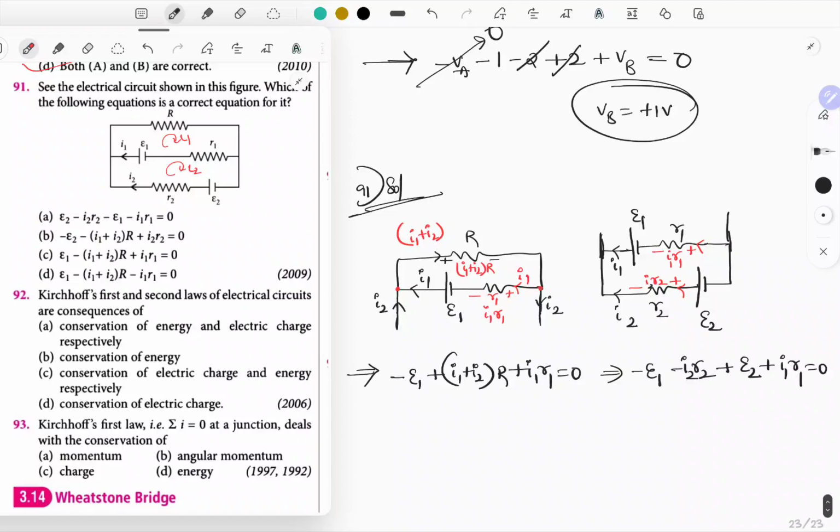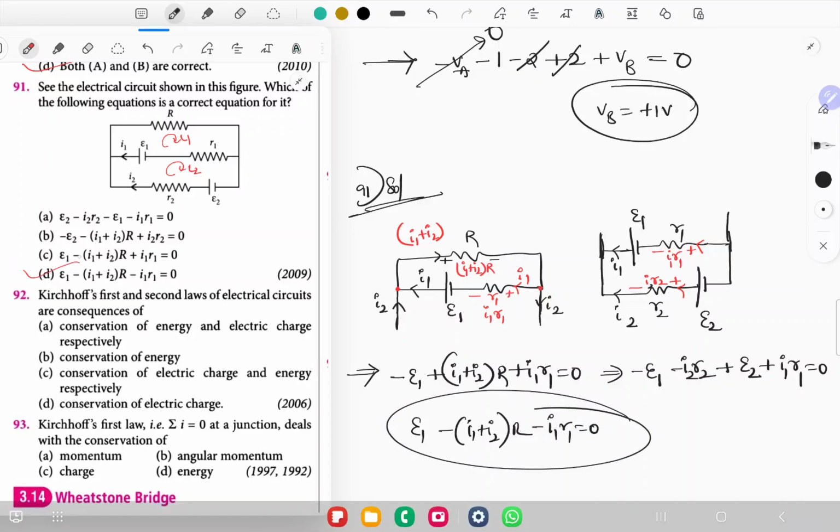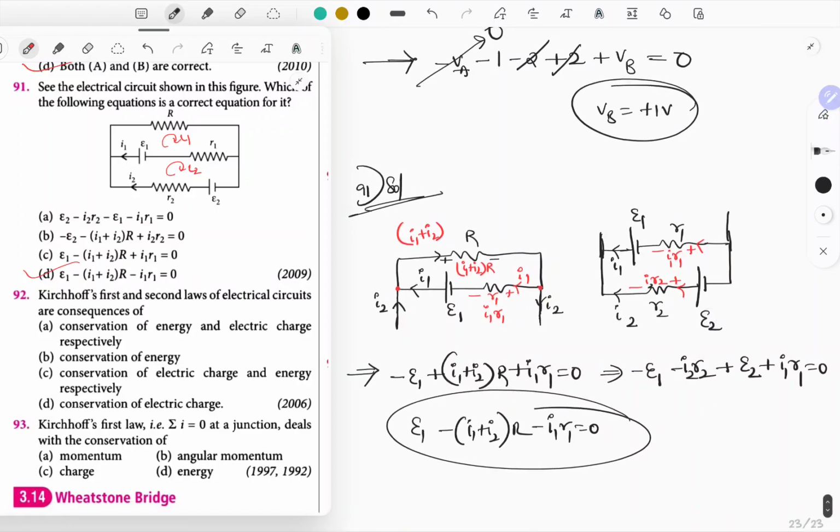Which option matches? Here we go. So this one can be written as the equation E1 minus (I1 plus I2) into R minus I1 R1 is equal to 0. Equation 1 matches perfectly. That is, option D is the correct answer. Next question, Kirchhoff's first and second laws of electrical circuits are a consequence of.